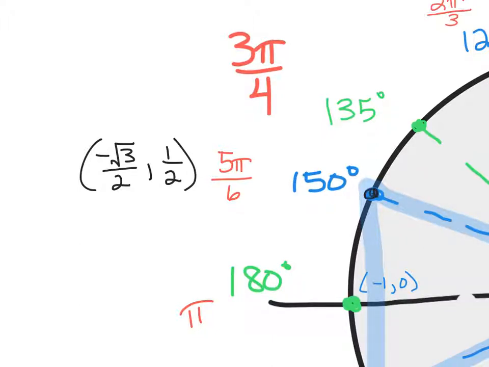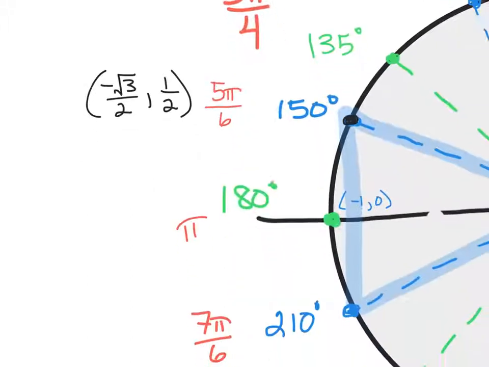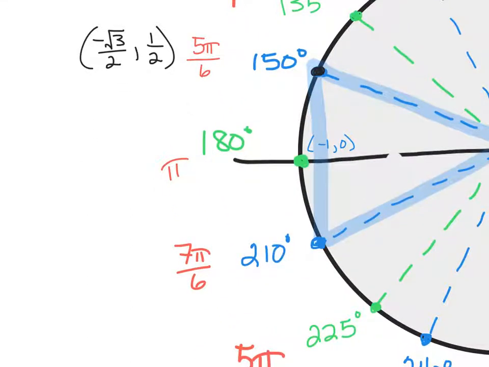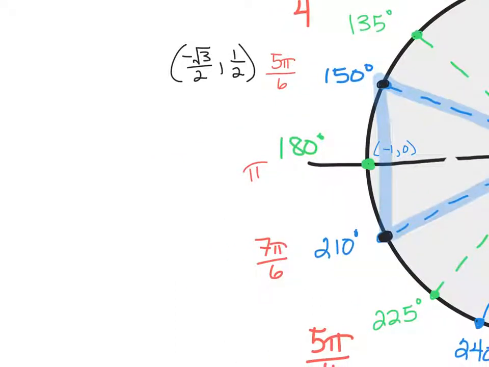So that's the coordinate ordered pair for that point at 150. Now, the point that's at 210, right here, in the third quadrant, every x and every y value has a negative value. So this is going to be negative radical 3 over 2 and negative 1/2.